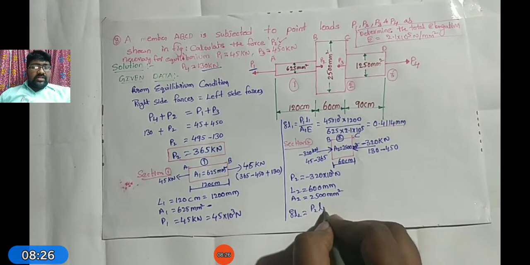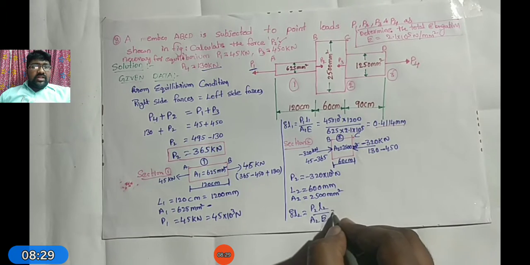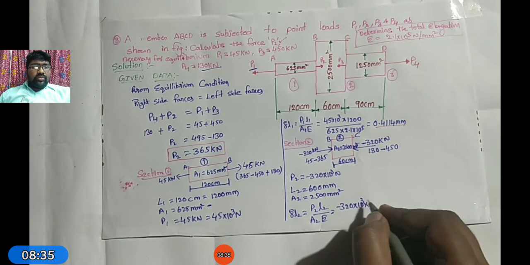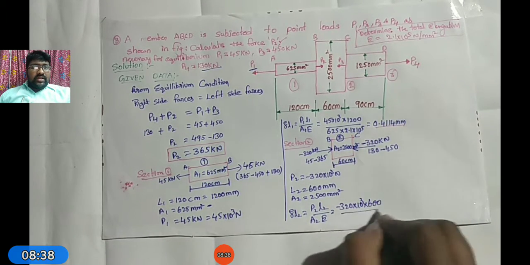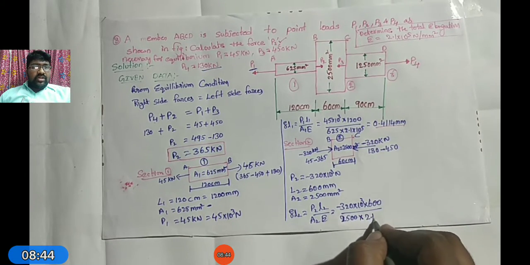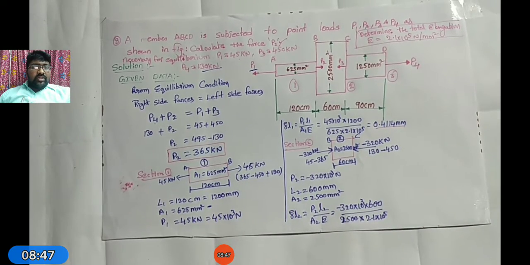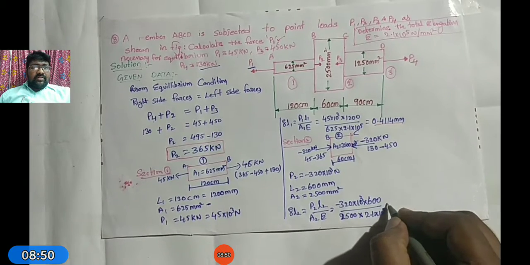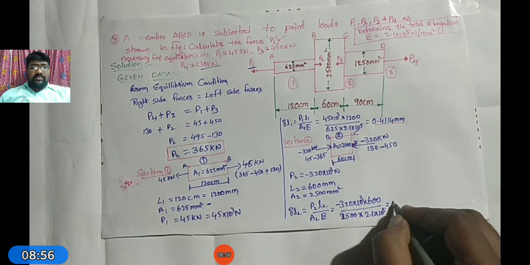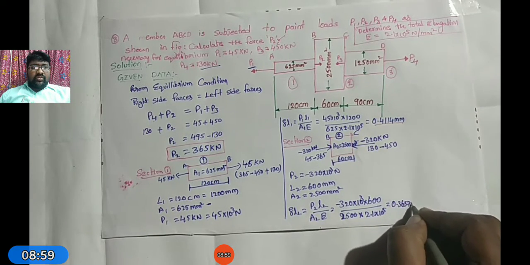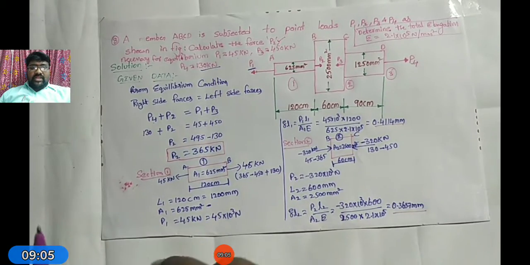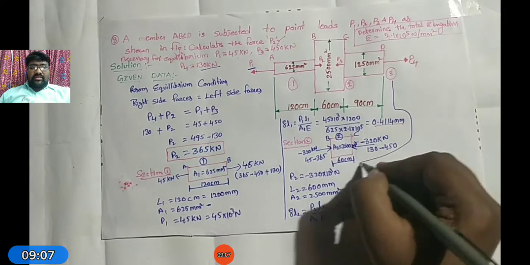Next, substitute all these values in the change in length equation. P2 as 320 into 10 cube newtons and length is 600, area is 2500 and Young's modulus is 2.1 into 10 power 5. By simplifying this equation, we get the change in length in section 2 as 0.3657 millimeter.